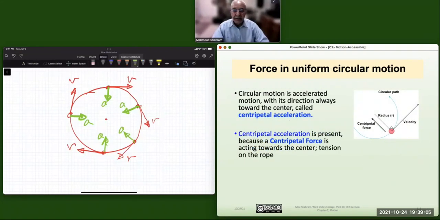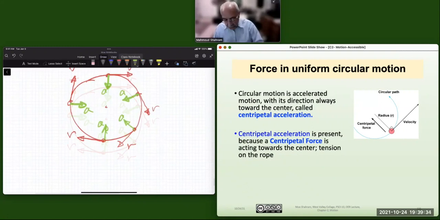We call that a centripetal acceleration. In this situation, the object is accelerating towards the center of that uniform circular motion. This is called the centripetal, or center-seeking, acceleration. Obviously, this object has a mass. Therefore, there must be a force involved here. So the force is equal to mass times acceleration.